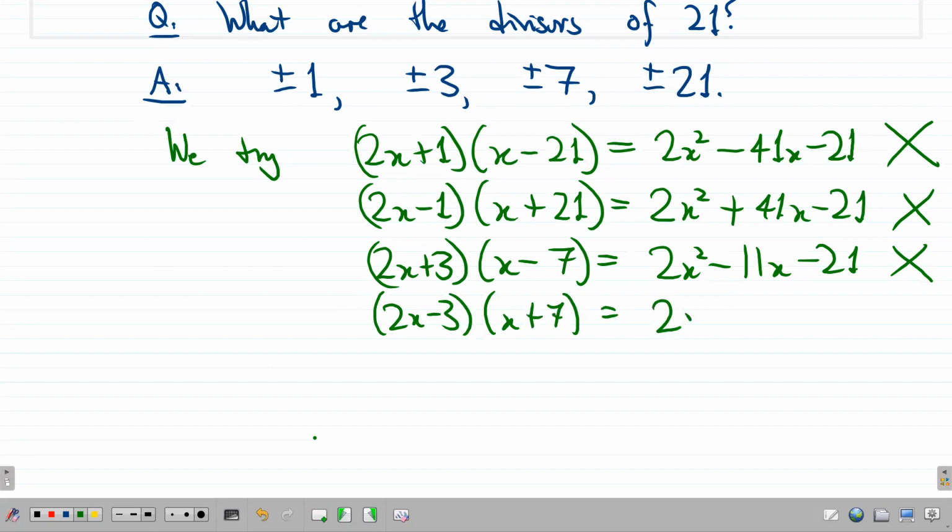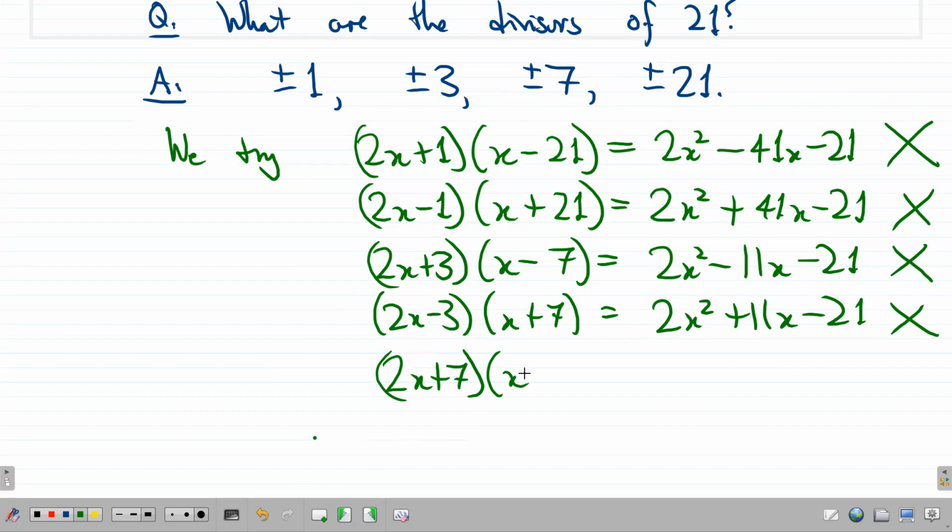Here we get 2x squared plus 11x minus 21. No joy there either. It's looking a little forlorn at the moment, I have to say. You could have capital A equal to plus 7, in which case capital B has to be minus 3. Here we get 2x squared plus x minus 21.